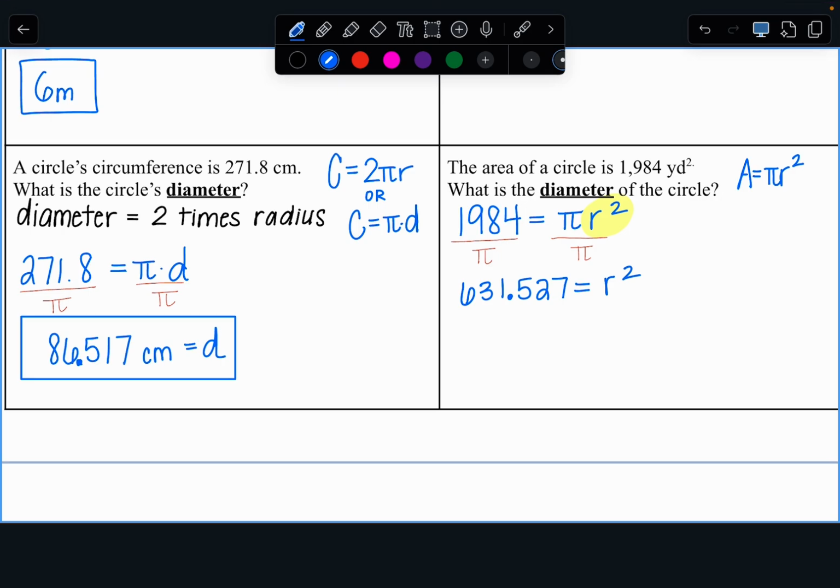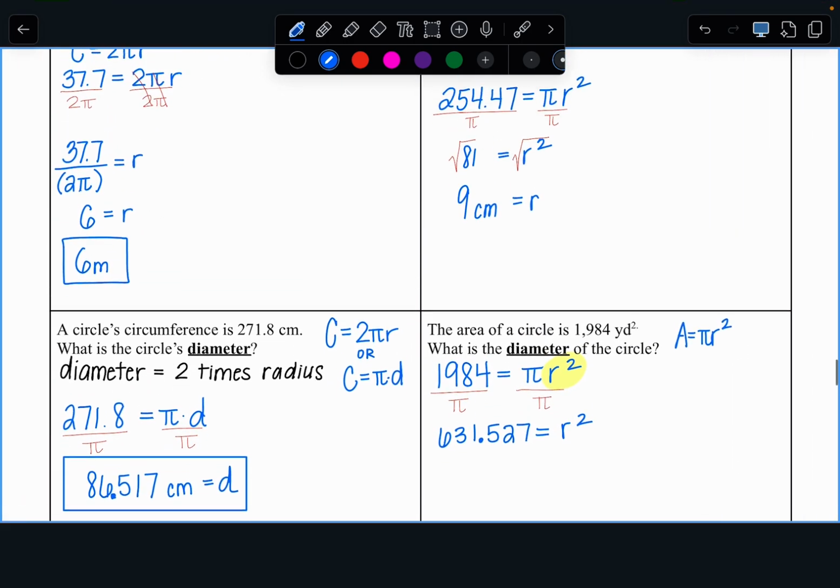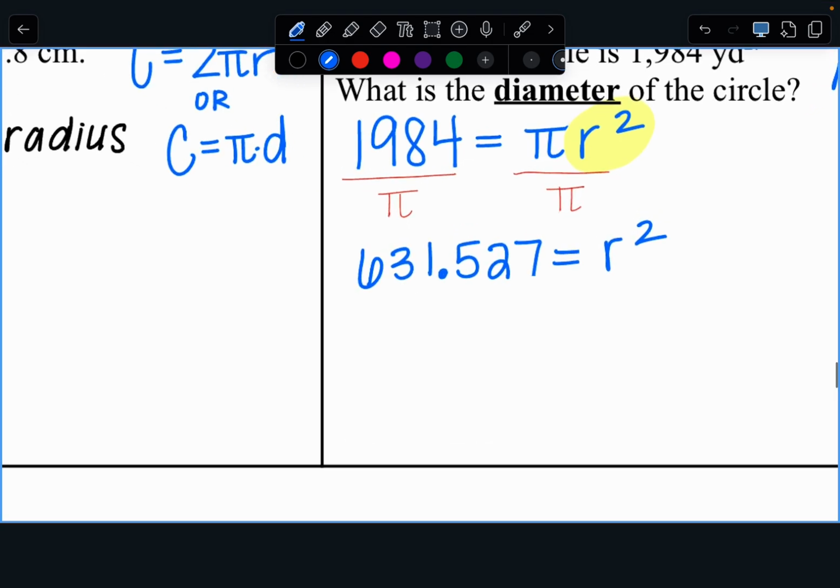Anybody remember how we get rid of that exponent? Square root, good. So we're going to square root. Because the square root and the exponent cancel one another out. So if I take the square root of 631.527, we get 25.13.